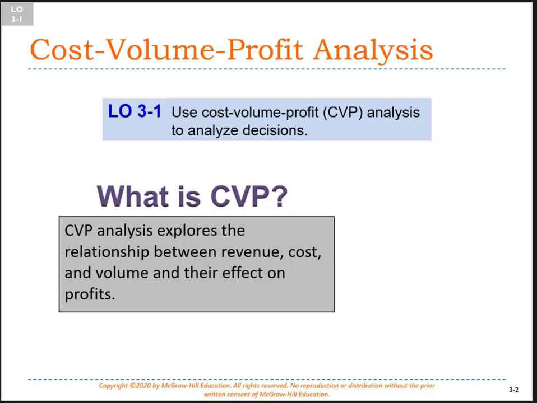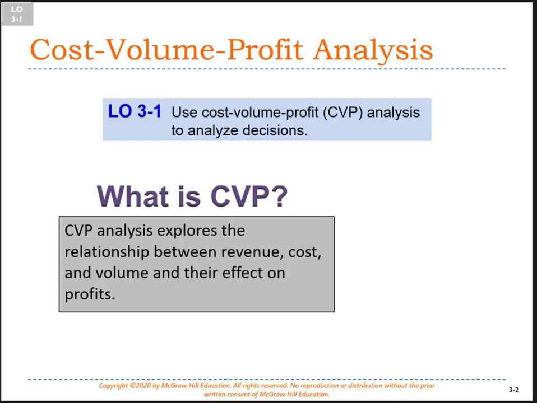And really it is tied to the idea that as you change volume to respond to customers, yes, you're going to change revenue and you're going to change certain costs, variable costs specifically, but you're not going to change other costs, those that are fixed.